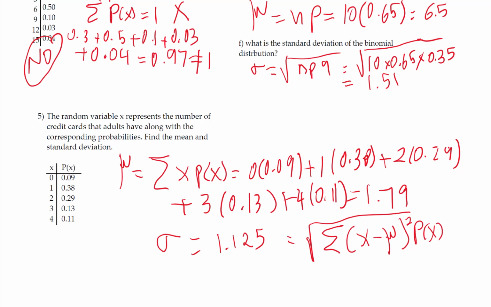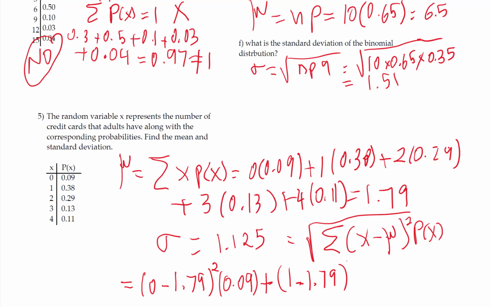You have to take the x value first, which is a 0, minus the mean, which you found in the previous step, square it, multiply by the probability of x equals 0, which is 0.09, and then you do the same for the next one, where the x value is 1 minus 1.79, squared times the probability, which is 0.38, and then you keep going until you do all of the x values, and then after you're done you take the square root of the total. But you can use the calculator to compute the answer as well. Okay, that completes the practice assignment.